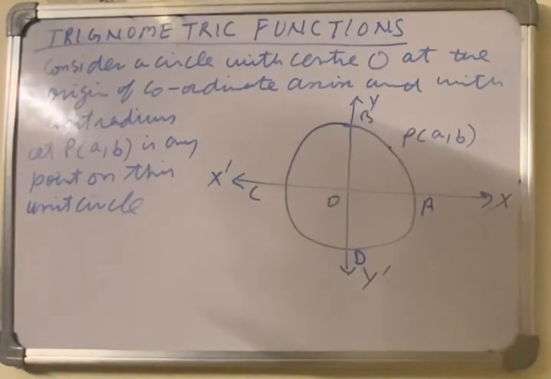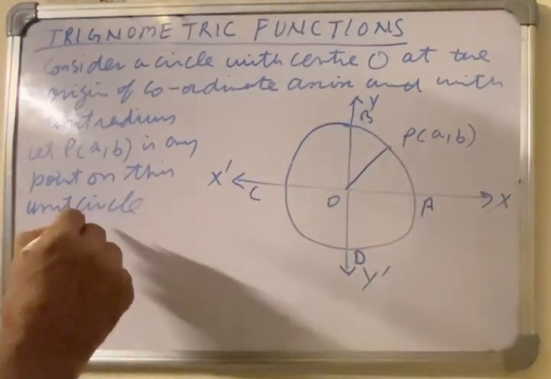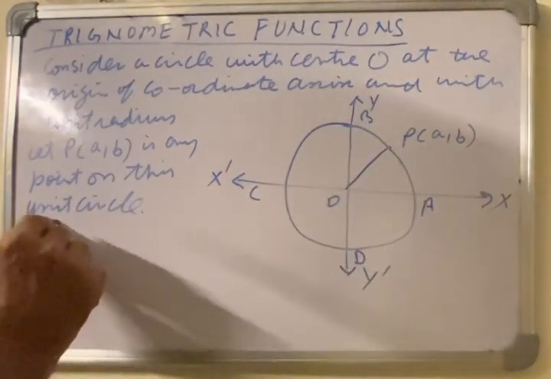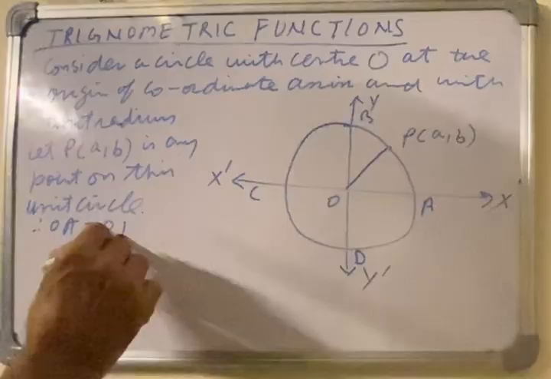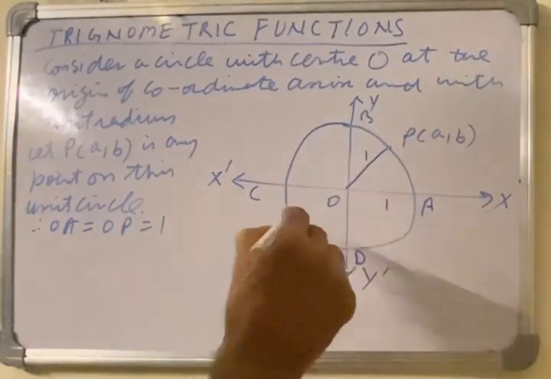Therefore, OA is equal to OP is equal to 1. Why? Because it's a unit radius.